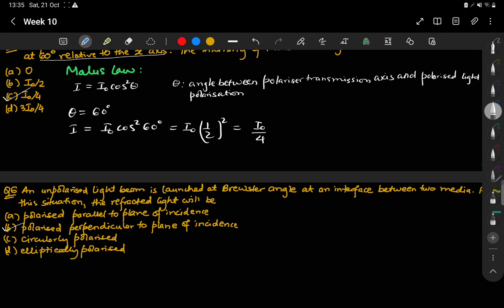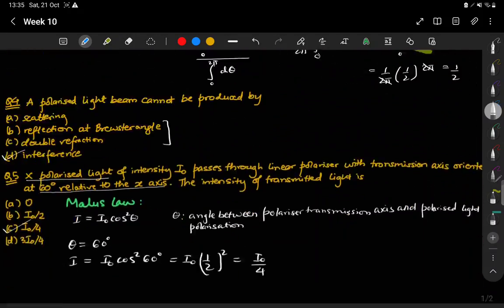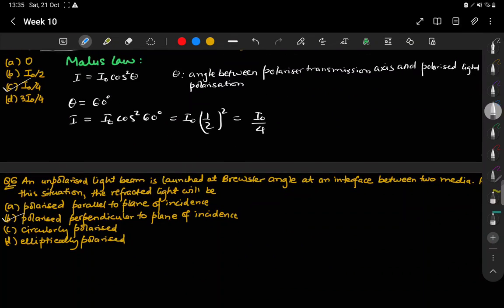So let us once again review Brewster's angle, which we saw in the first question. So this is the interface, and let's say we have an input ray, then we will draw the normal to this input ray.